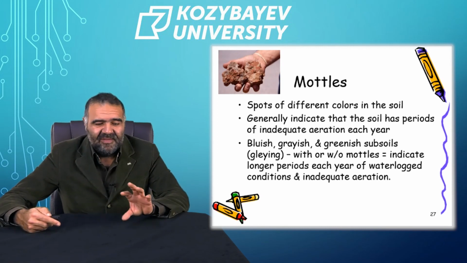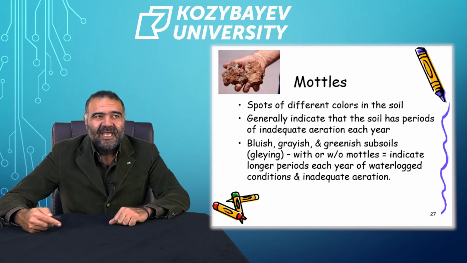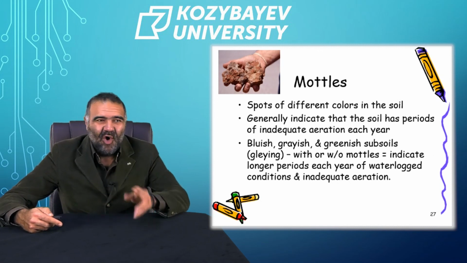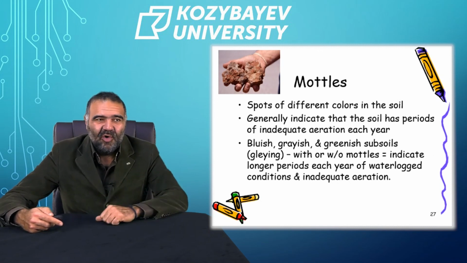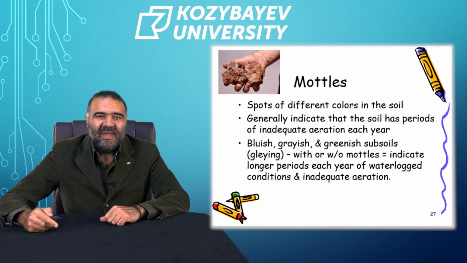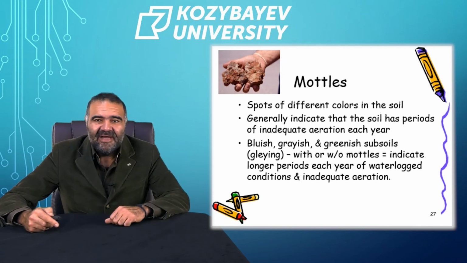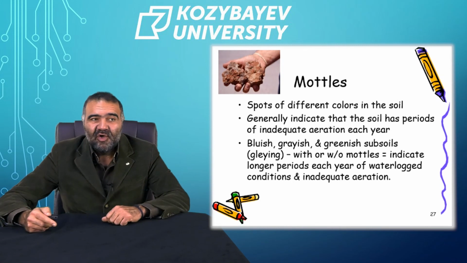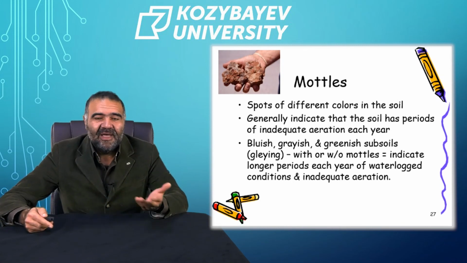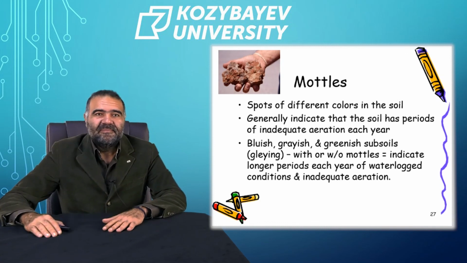When we have mottles, with different spots, we have these gleying colors, bluish, grayish, greenish, but we also have reddish or yellowish colors. That means that there is an alternation during the year of periods of waterlogged conditions and inadequate aeration, but we also have oxidation periods. Thank you very much.